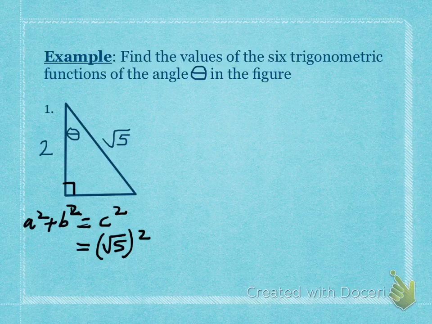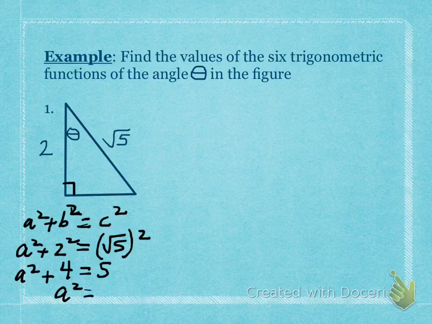I don't care whether you call the missing side a or the missing side b. It doesn't matter. I'm going to call it a just because it's listed first, which means what's b? 2. Do not forget, there's squares on each of these terms. So I have a squared. What's 2 squared? 4. What's square root 5 squared? 5. That means a squared is what? 1, because I can subtract the 4 from both sides.